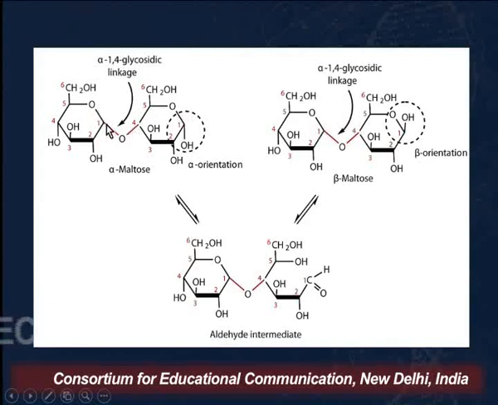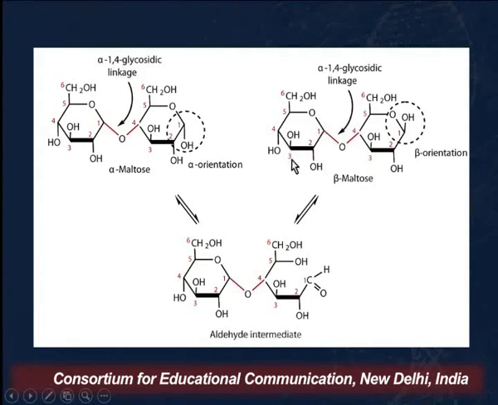The glycosidic linkage here is a 1,4-glycosidic linkage, which is the same in both the cases. But when we are referring to this particular molecule of maltose, we are calling it alpha maltose, and we are calling this molecule beta maltose.